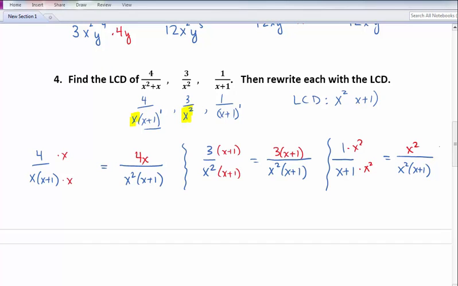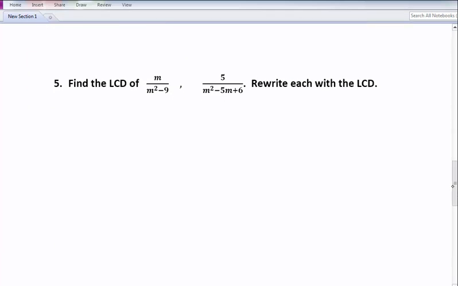Okay, one more with variables and then we'll be done. Okay, again, if you've got terms in your denominator, then you need to factor them. So this first one, m squared minus 9, that's a difference of two squares, so that's m plus 3 times m minus 3.